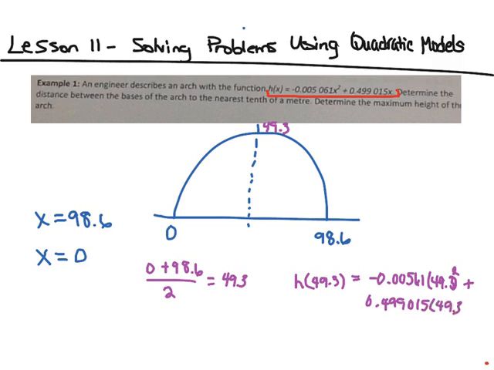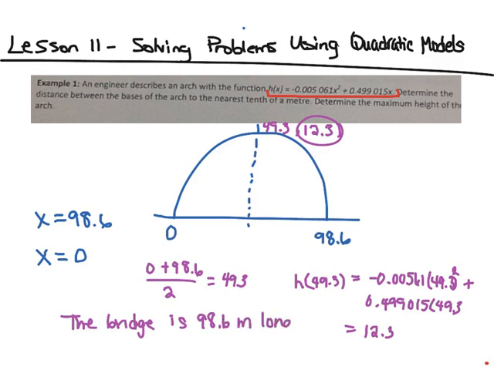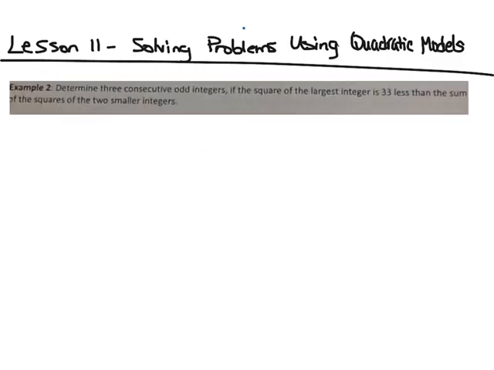So you should get this to equal 12.3. So the maximum height of the bridge is 12.3 meters. So the bridge is 98.6 meters long with a height of 12.3 meters.